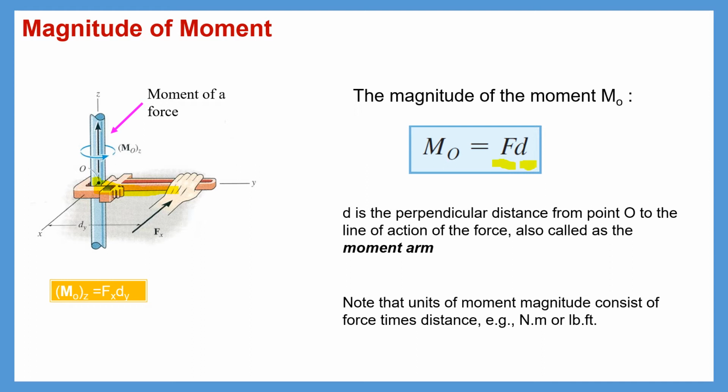The perpendicular distance between point O and the line of action of F is called the moment arm. As the magnitude of moment is calculated as force times distance, the units of moment will be Newton meter or pound feet.